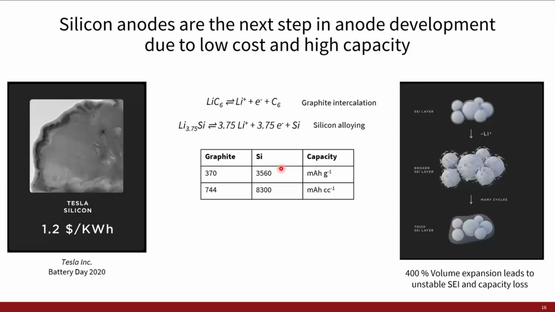And basically, new SEI will continue to form, and this SEI layer is going to consume lithium ions, trapping them irreversibly. So in short, your battery can store more lithium ions and have higher capacity, but the capacity will fade very quickly. So in order to understand silicon and its dynamic SEI behavior and try to create a practical silicon anode, we need to gain more insight into the silicon SEI properties and figure out how to stabilize it.